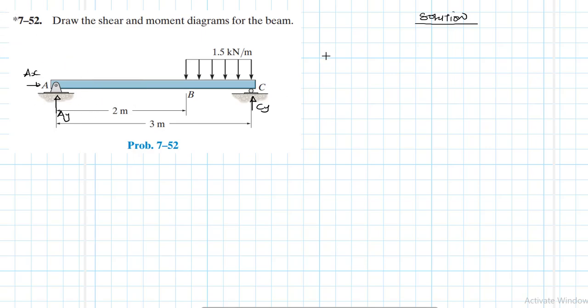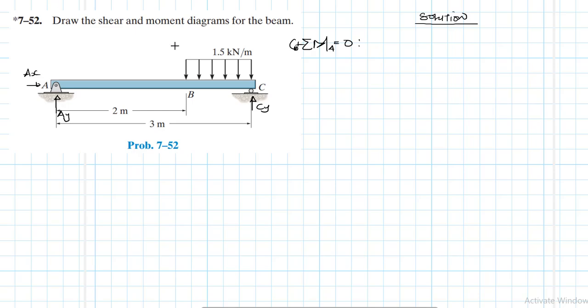But before we do the section, let's find the support reactions. We're going to apply the equations of equilibrium, starting with moments about A. Summation of moments about point A equal to 0, with clockwise being our reference.